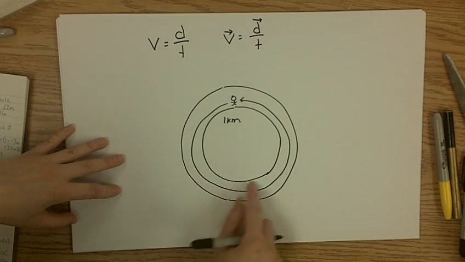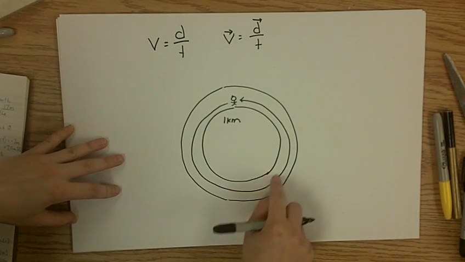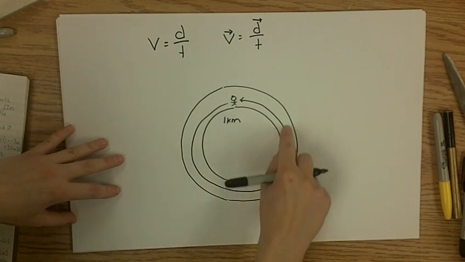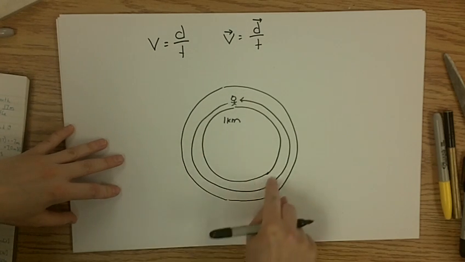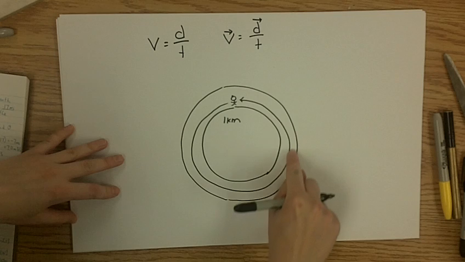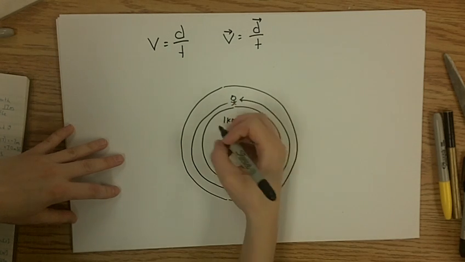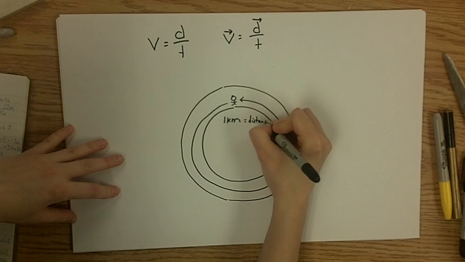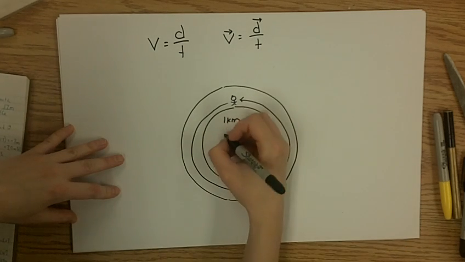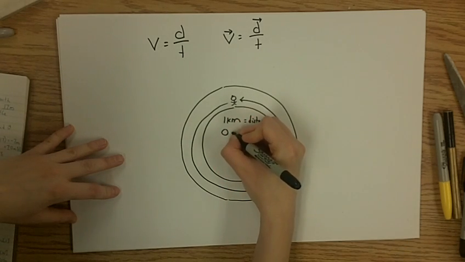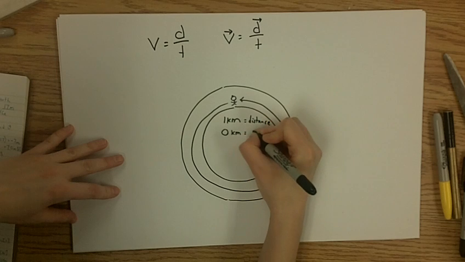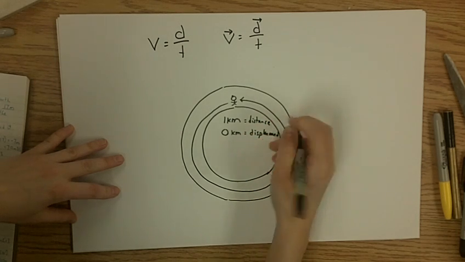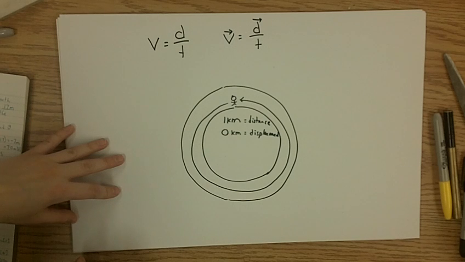For every time they go around, their distance is 1 kilometer. However, every time they go around, they come back to the place where they started. So even though they've covered a distance of 1 kilometer, they've actually covered 0 kilometers of displacement.